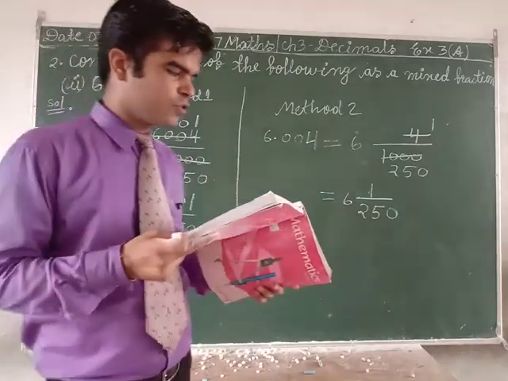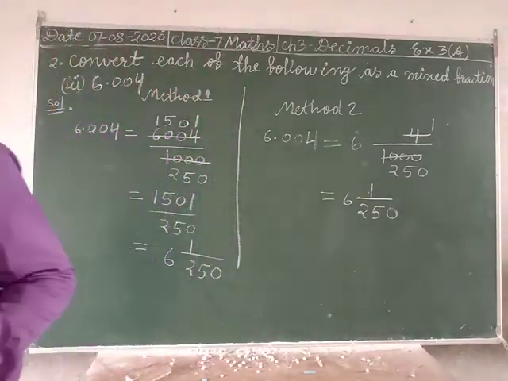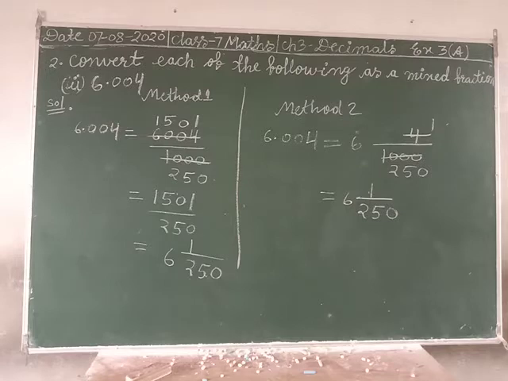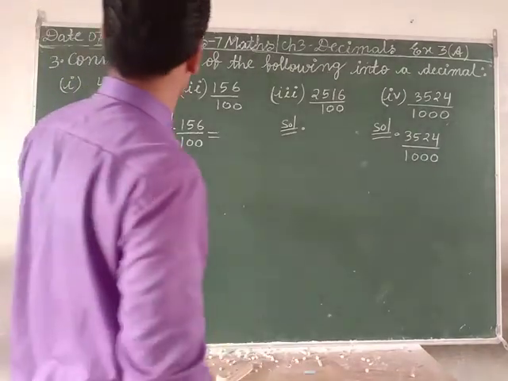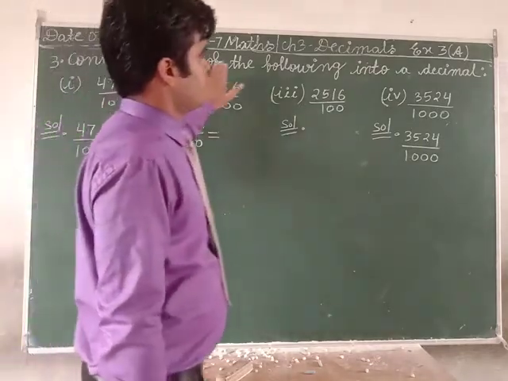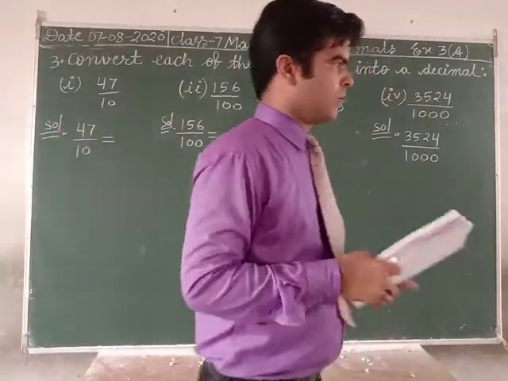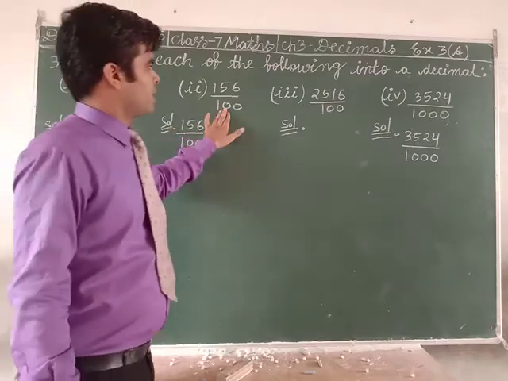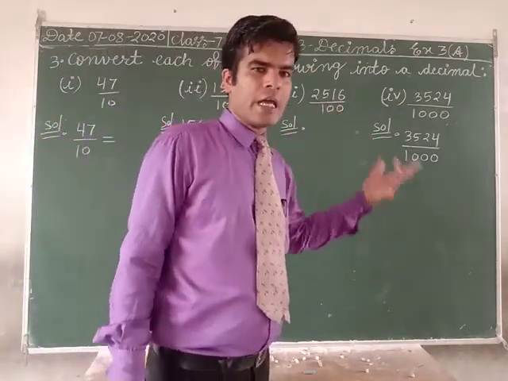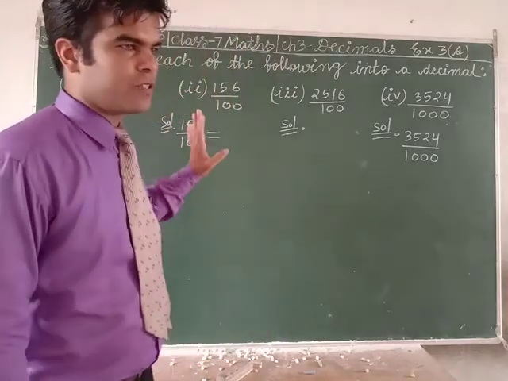Now we will discuss question number 3. Okay students, let's see question number 3. Convert each of the following into decimal. So it is easy when the denominator is 10, 100, 1000, 10,000, lakh, means 1 and 0s, then it is very easy.